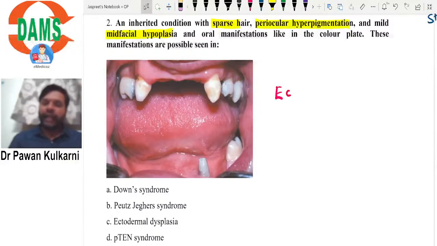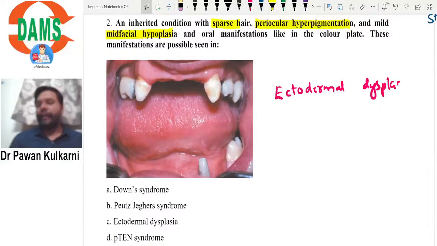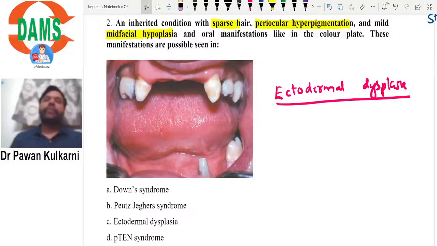Because we know that in ectodermal dysplasia all ectodermal structures are affected. Skin, hair, nails, teeth, sebaceous glands, sweat glands, all these are affected, right? So the individual will have sparse hair, fine hair, and around the eyes there will be hyperpigmentation.